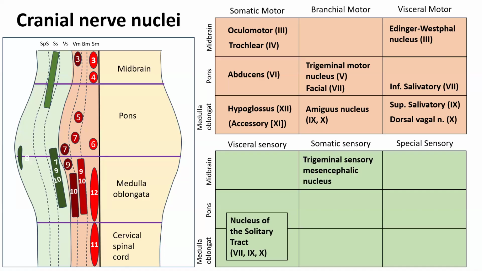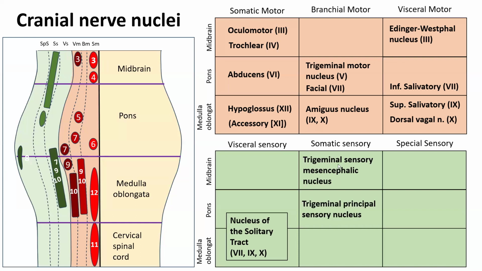Now, then we have the somatic sensory nuclei, and these all belong to the trigeminal nerve, but have components in the midbrain, the pons, and the medulla oblongata. Let's start with the trigeminal sensory mesencephalic nucleus, which basically receives proprioceptive information coming from the muscles of mastication and the temporomandibular joint.